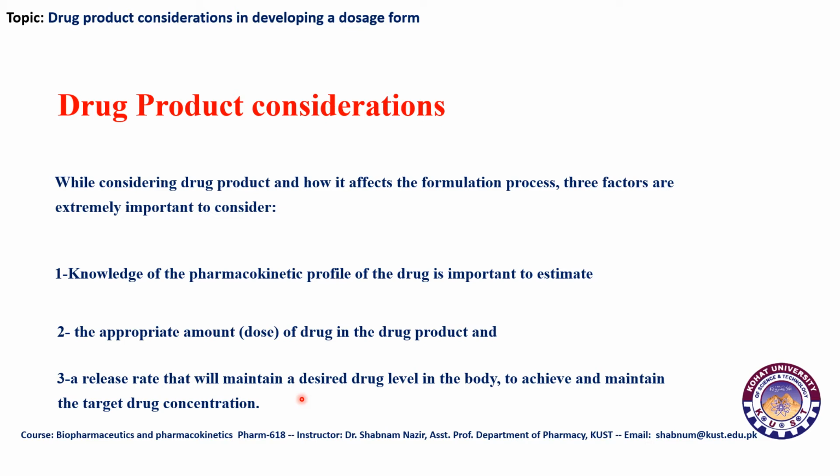So all delivery systems and release rates are basically aimed at controlling or supplying the amount of drug, also called the dose, at a certain level, and then to achieve and maintain it. That level is a certain therapeutic level which is desirable. So these factors are important whenever we talk about the drug product considerations.